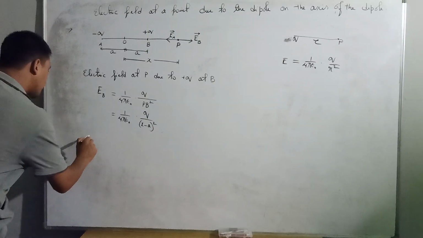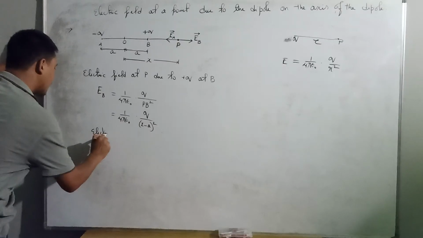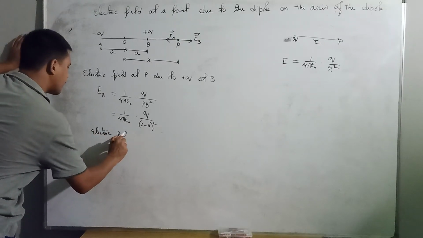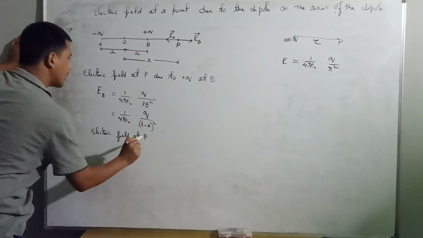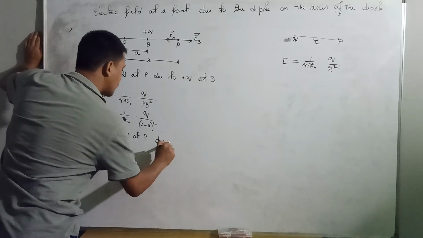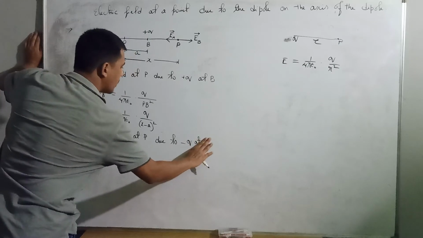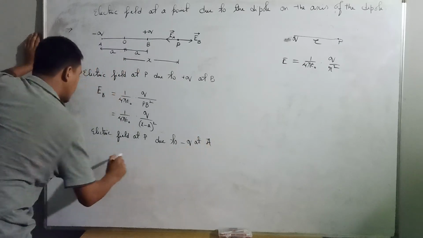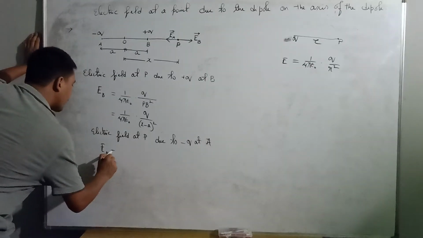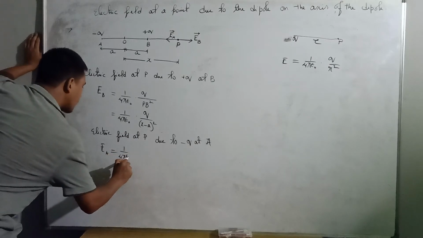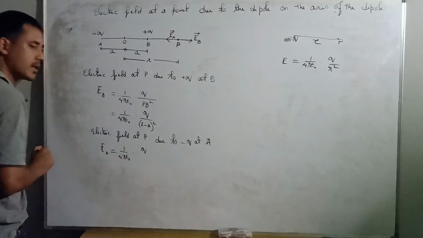And the electric field at P due to minus Q at A, EA, will be given by 1 by 4 pi epsilon naught into Q by PA square. Don't take minus Q because I'm taking only the magnitude.